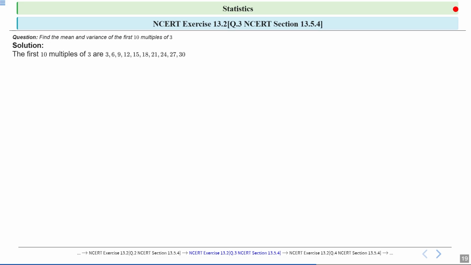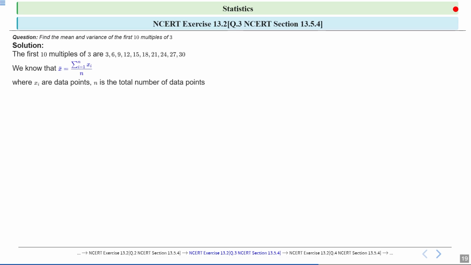First, let's list the data we are working with. The first 10 multiples of 3 are 3, 6, 9, 12, 15, 18, 21, 24, 27 and 30. These are the numbers we will use to calculate both the mean and the variance.